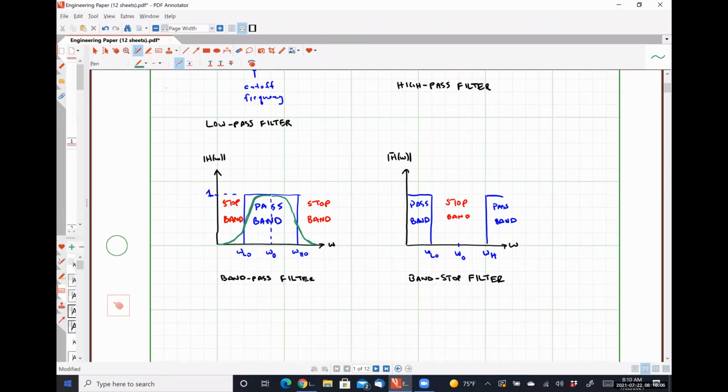A practical realization will have a response that looks something like this. It'll zero out at omega naught, then rise like so.